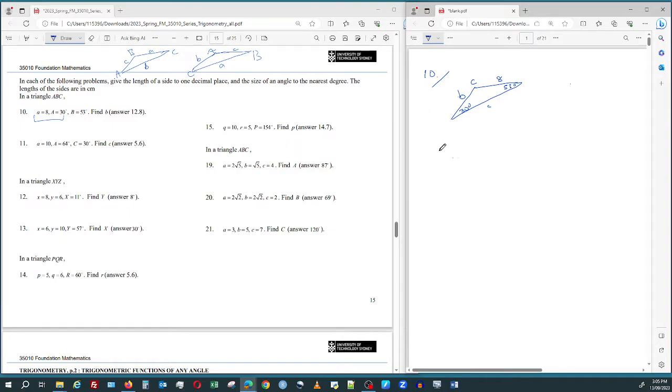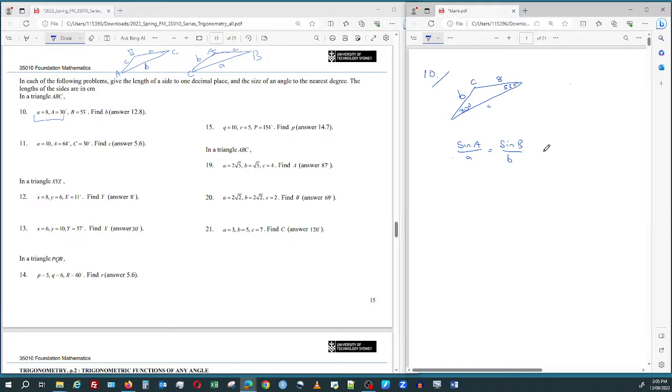So what we're going to do is, now we've got sine A and sine B. It doesn't matter. I could have put those angles there, but it doesn't matter. So we're going to have sine A over A is the same as sine B over B. It's a ratio. B is our unknown, okay?